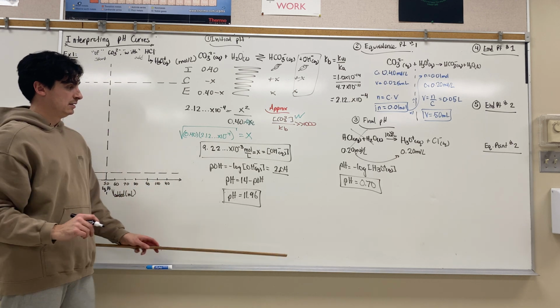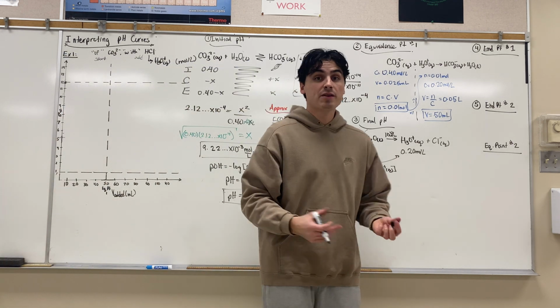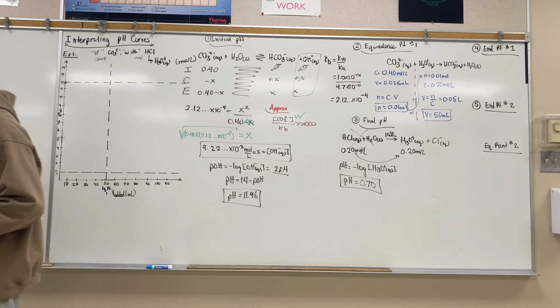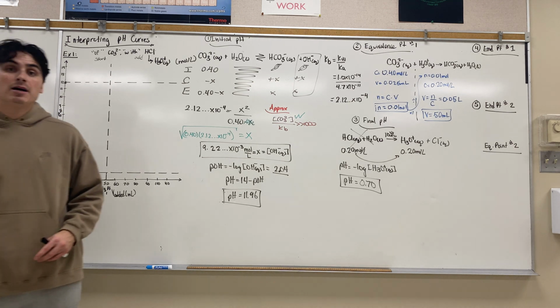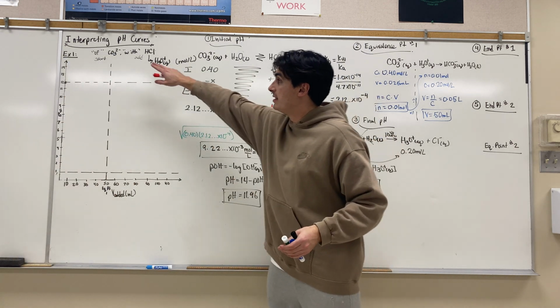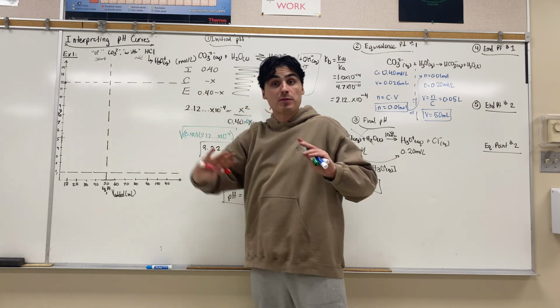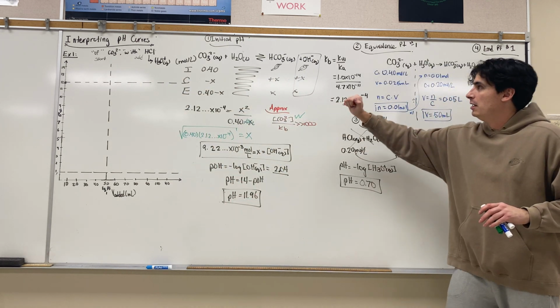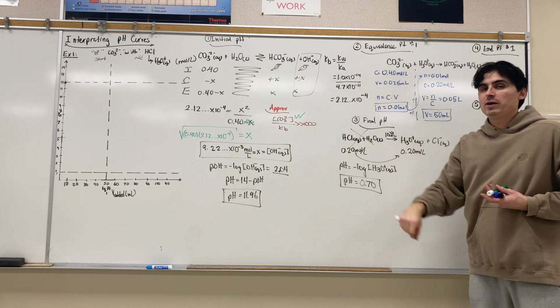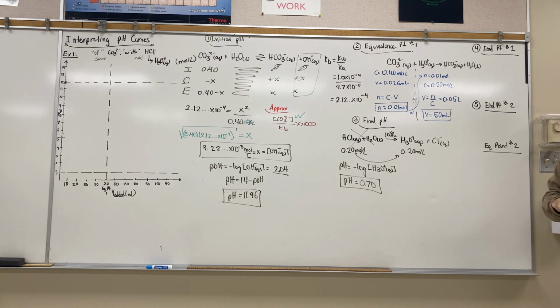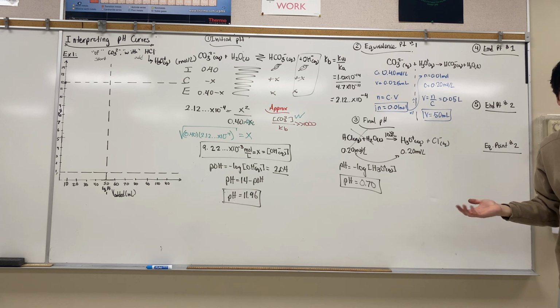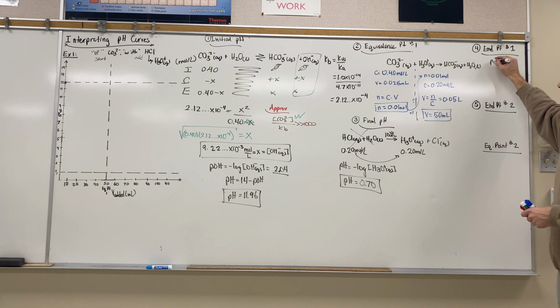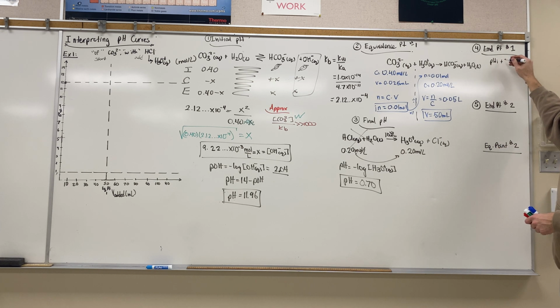Awesome. Now, let's go to the endpoint. But remember, because this is a polyprotic, a diprotic base, it's got 2 equivalence points, which means it's got 2 endpoints. Because we did the first equivalence point, we're going to start with the first endpoint. How do I do that? Just like we've been doing. Endpoint is pH initial plus pH final over 2.